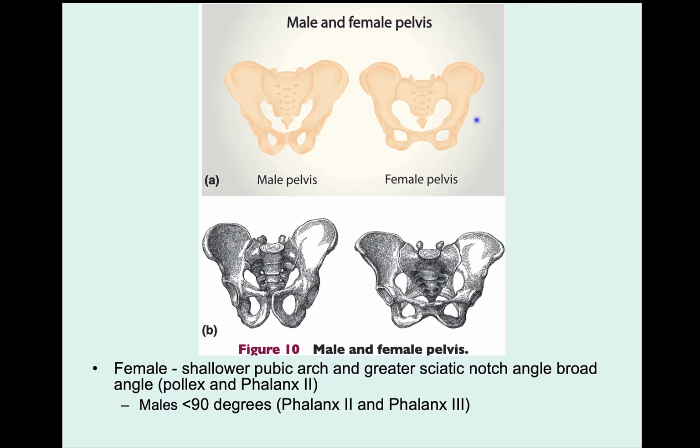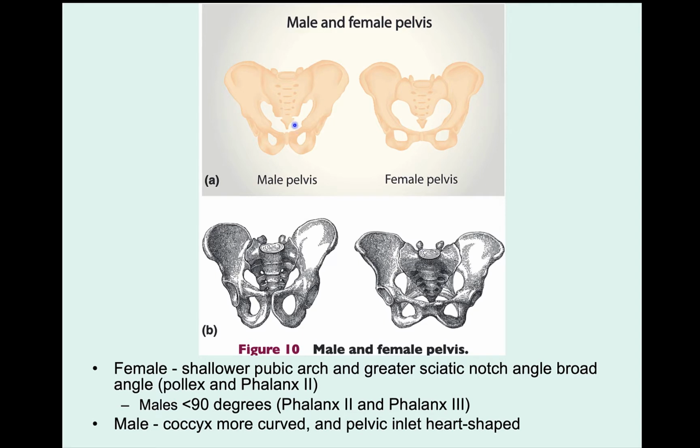You can also use those same two digits and put them over the greater sciatic notch, which you can't really see here in this image. And again, it's a much larger angle than when compared to males. So we can see this pubic arch right here on the males, and that angle kind of matches up to the angle between phalanx 2 and phalanx 3. Same with that greater sciatic notch.